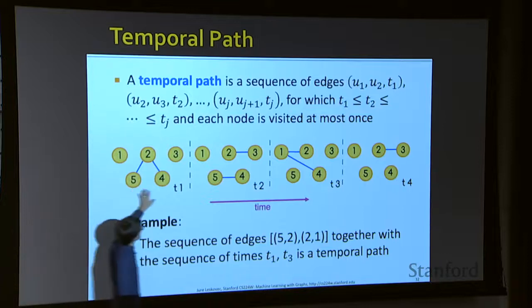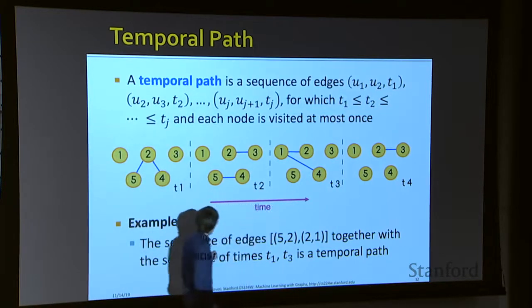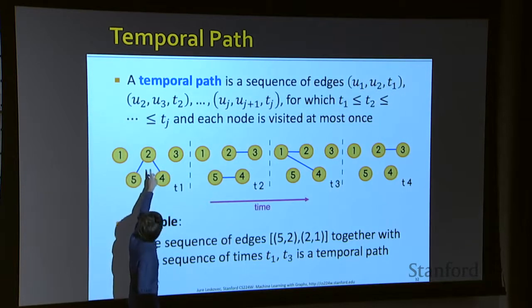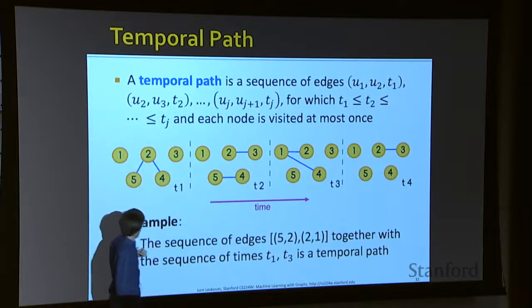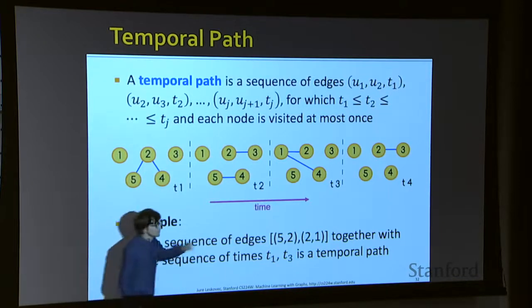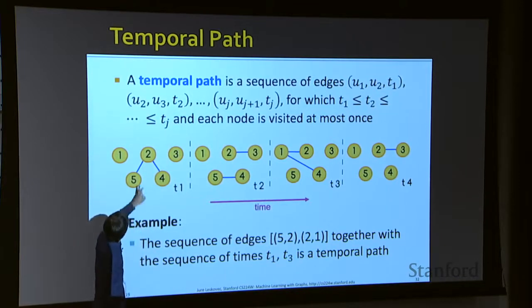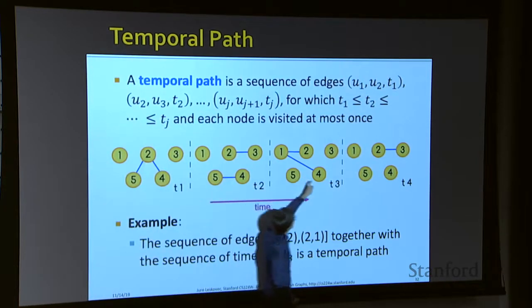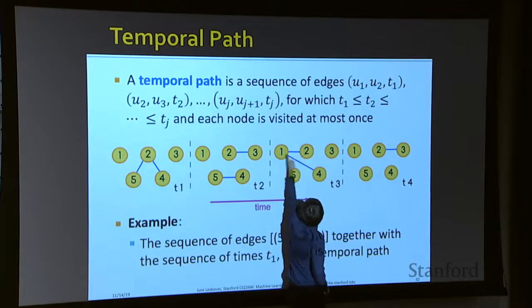So if I have this temporal network here, then, for example, a sequence of nodes 5, 2, 2, 2, 1, together with a sequence of times would be a temporal path, right? Why? Because I go from 5 to 2 here, and then I do nothing at time 2, but at time 3 I can go from 2 to 1.